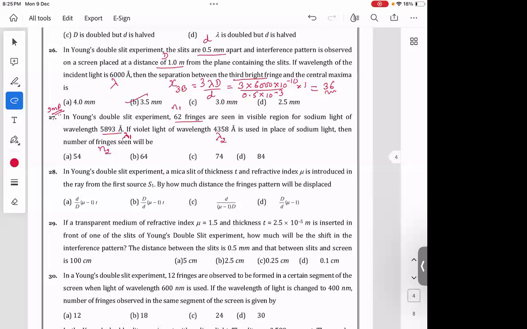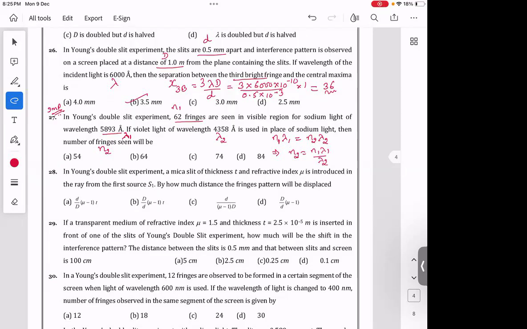So what's the formula here? N1 lambda 1 is equal to N2 lambda 2. So if you want to find the N2 value, it will be N1 lambda 1 divided by lambda 2.